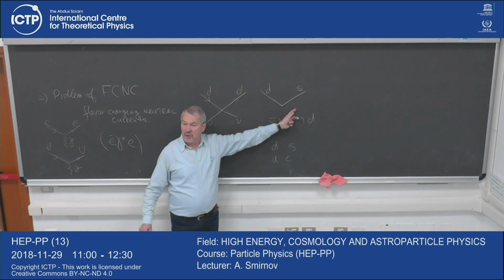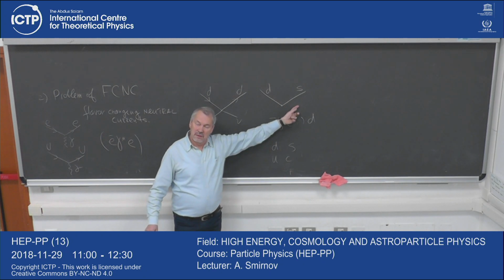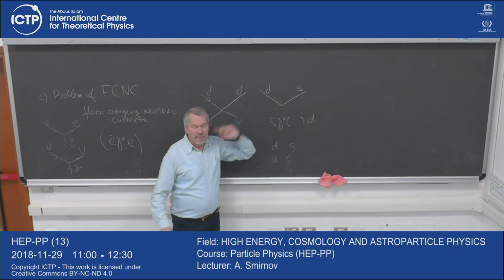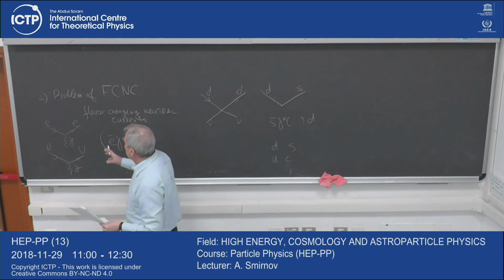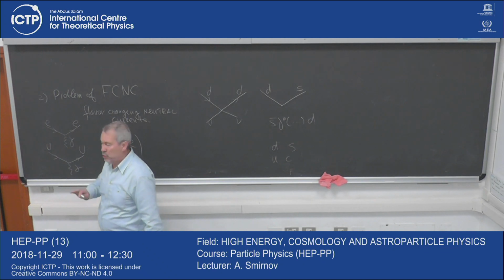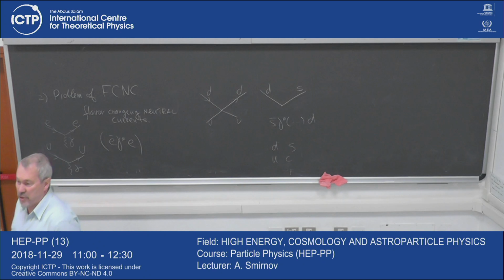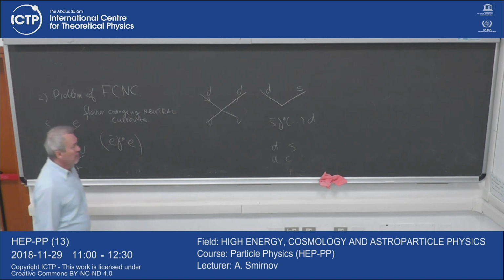The flavor changes because the type of the quark changes. We have no such things in the case of electromagnetic interactions because of gauge invariance. For instance, there is no transition of electron to muon. In principle, this is also a neutral current, but there is no such transition because of gauge invariance.